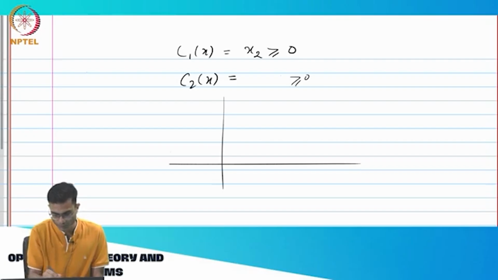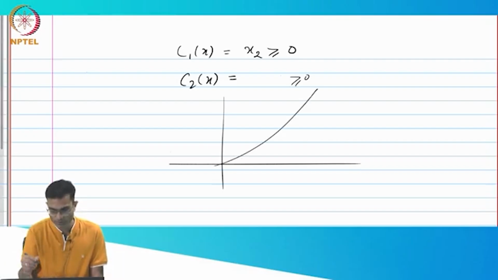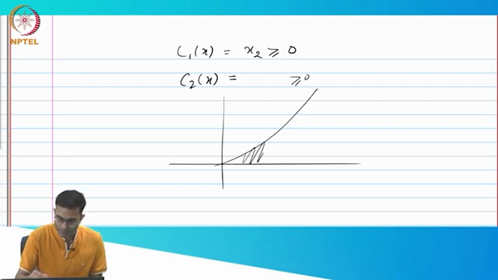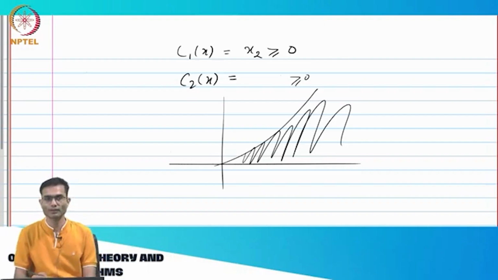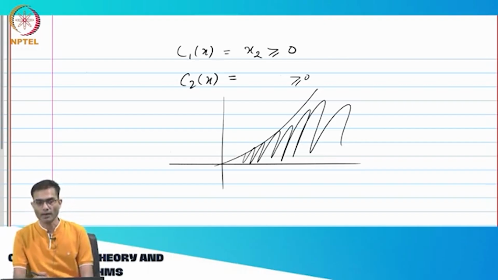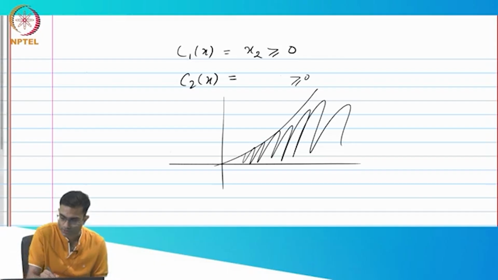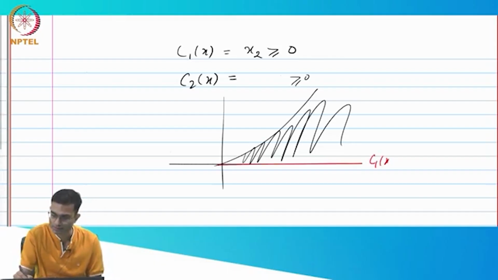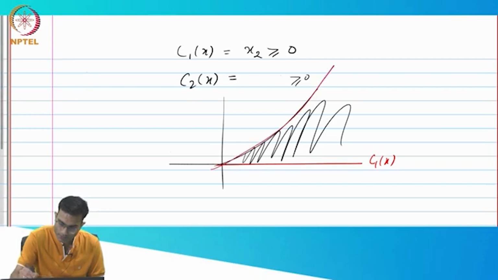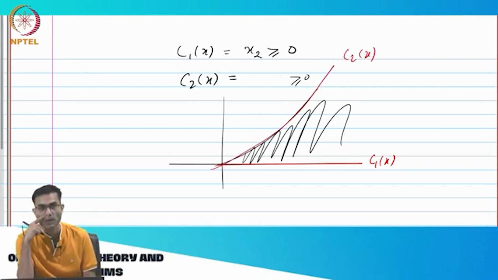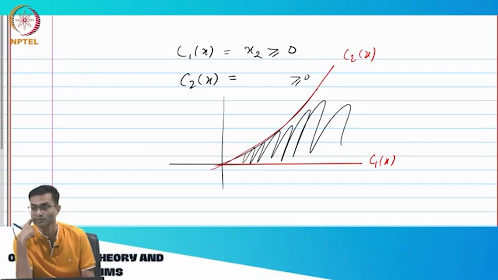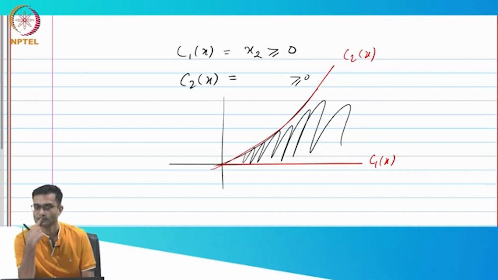Okay. So, what if this is my convex function, right? And let us say my feasible set becomes this. Then let us say this is my C1(x), and let us say that this is my C2(x). Is it possible? So the intersection that I have here is not convex.